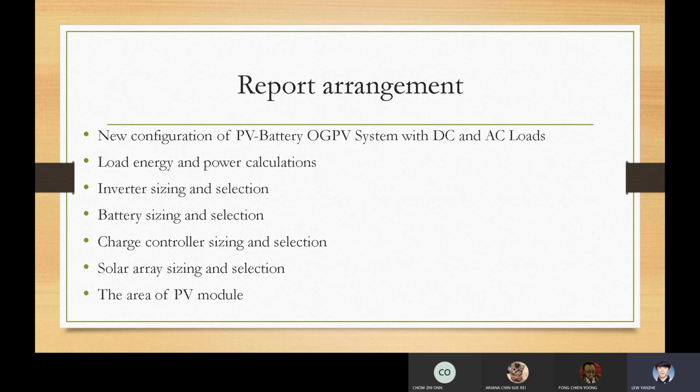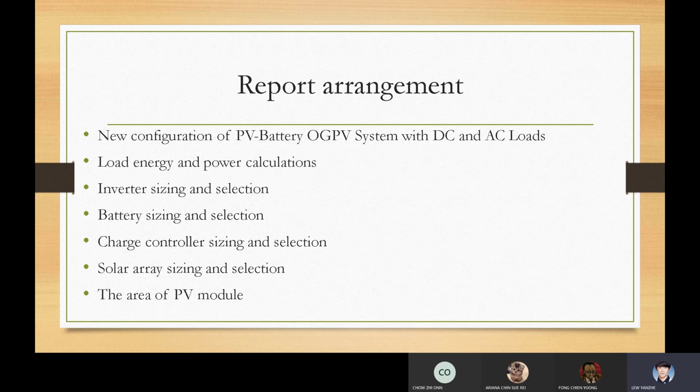This is the overall content of the report, and also how I arranged it, what comes first and what comes last. First, I calculate all the required loads, and then I select the equipment I need according to each of the loads.